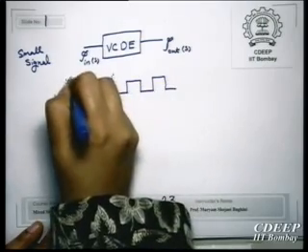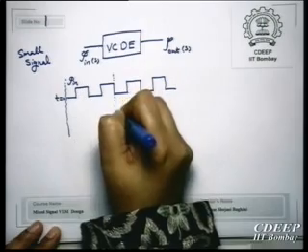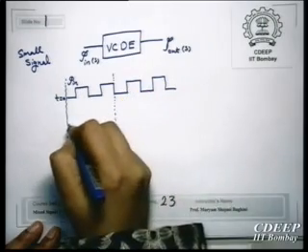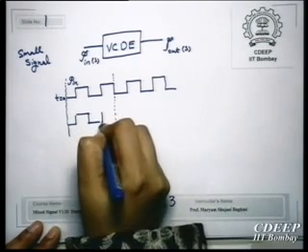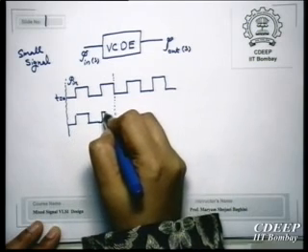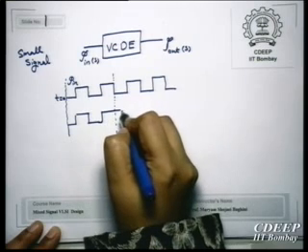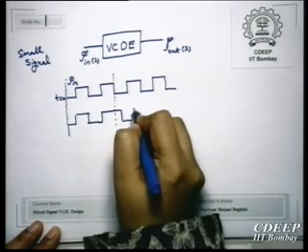Now, what I will do, for example, here I will apply an abrupt change in the phase. So what does it mean? From here it will change, and now it will continue.